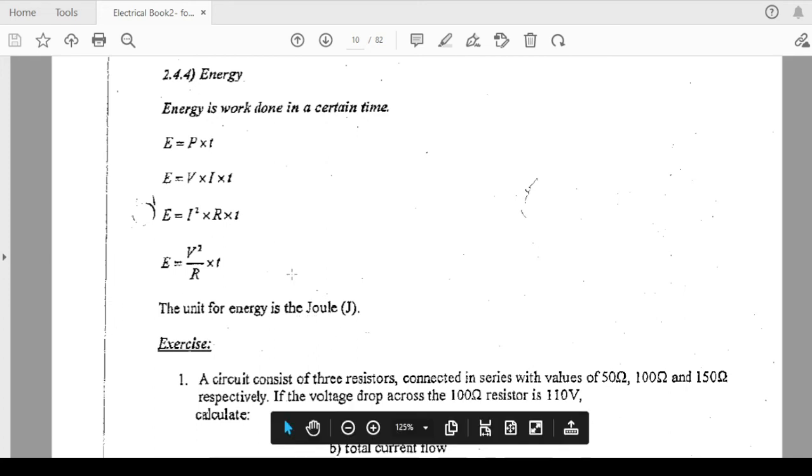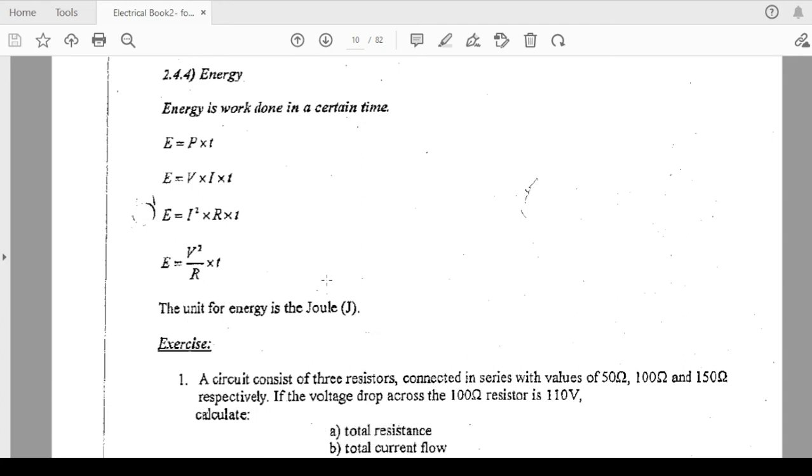So there are times in the exam, the examiner gives a situation like in a certain household, the geyser was switched on maybe at 1 in the morning and only switched off at 5 o'clock in the morning. And then they find that the power consumed by the geyser is 2 kilowatts. What is the energy? You are going to know power is given.